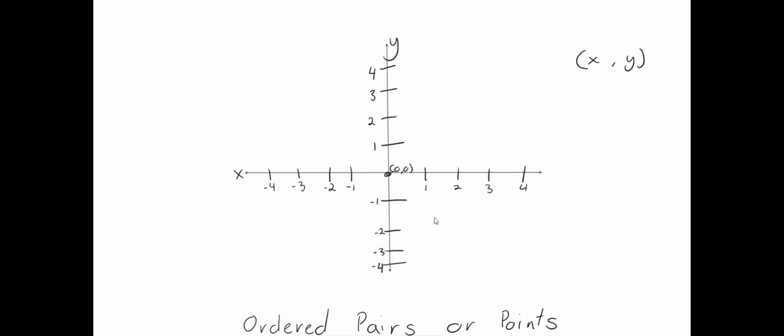Now let's get into ordered pairs, or points. Whenever we deal with a rectangular coordinate system, it's mainly to make points or do ordered pairs. So, let's say we want to do (1, 1).